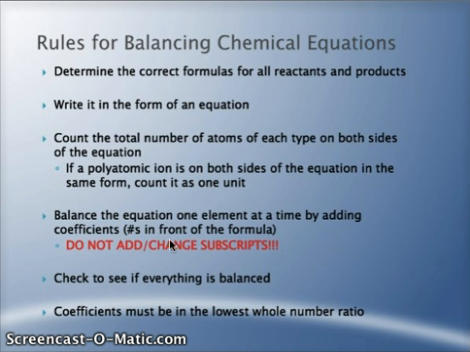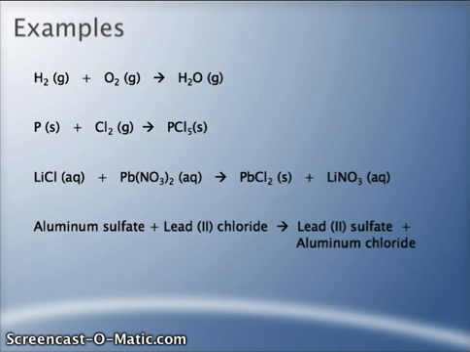You cannot change or add subscripts because that changes the entire compound, which is not what we're trying to do. At the end, make sure to check if everything is balanced. And last of all, you need to make sure that the coefficients to balance the equation are all in the lowest whole number ratio. So now, let's see if you can do some examples.